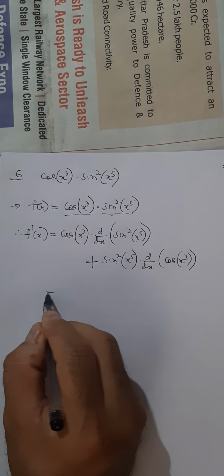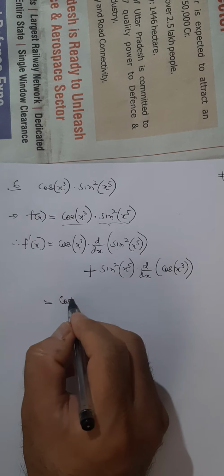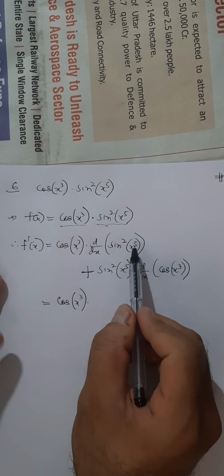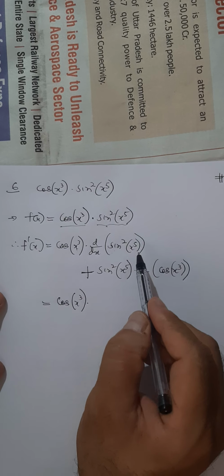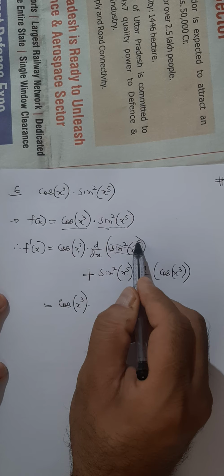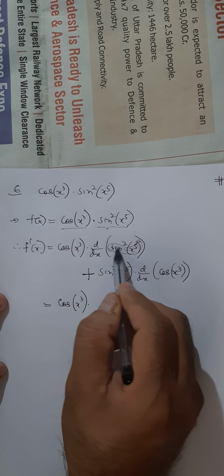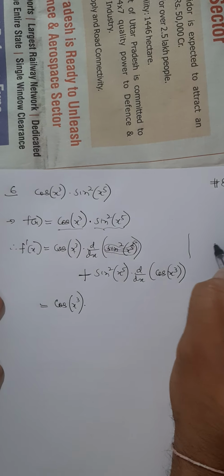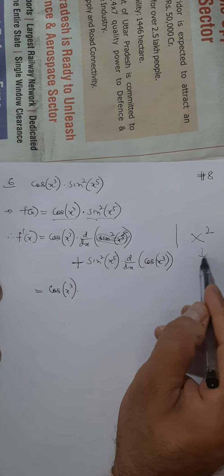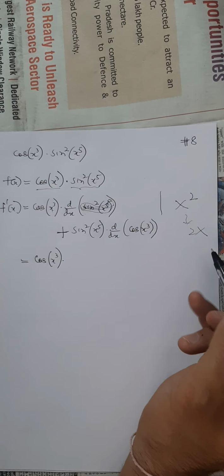Now we are differentiating. So cos x cube as it is. How will we differentiate this? Sine square is not the standard function. So what I'll do, I'll imagine this as x, remember. So this looks like x square. What is derivative of x square? You know, 2x.